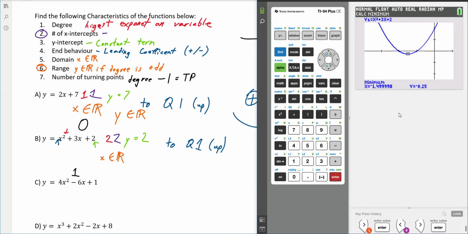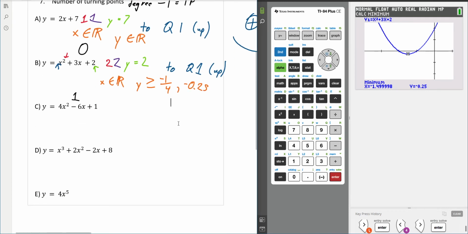This tells us that the vertex is at x = -1.5, and the y value is -0.25, or sorry, this is the wrong color, -1/4. So y is greater than or equal to -1/4, or -0.25. Fractions are always much nicer if you have them.